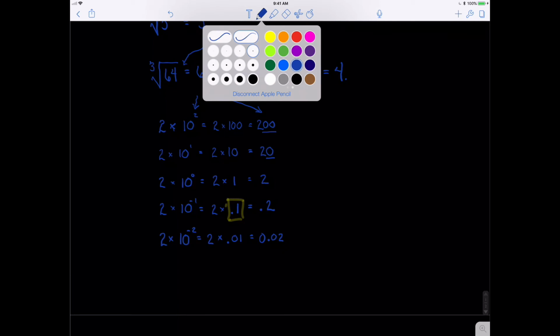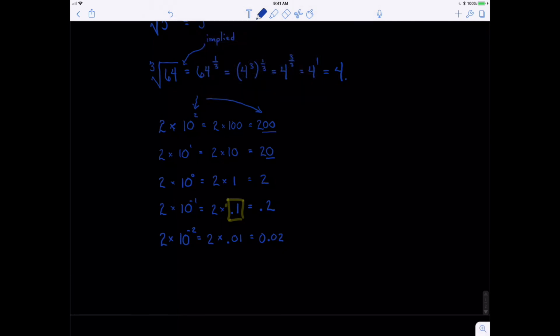If I was to ask you to correctly say 0.1, you would say, well, that's the same as 2 times, 0.1 really is 1/10. And then you would recall that, wait a minute, 1/10 is the same as 2 times 10 to the negative 1. So you've been using negative exponents, but maybe just not realizing them.